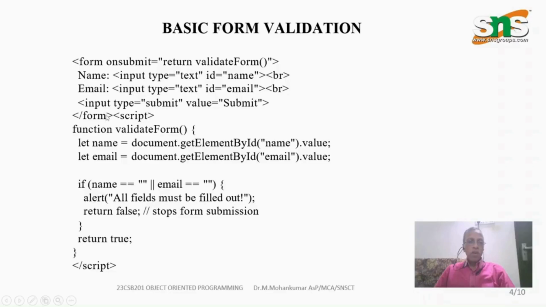Then the form tag is closed and the script starts. Function validateForm is the method. Then let name equal to document.getElementById name .value, and let email equal to document.getElementById email .value.